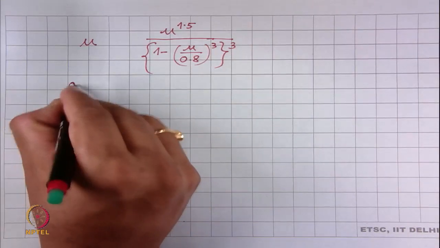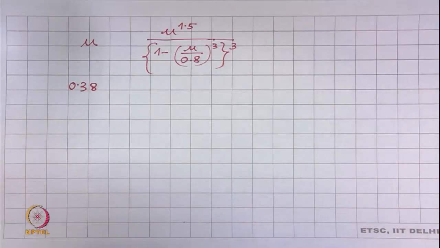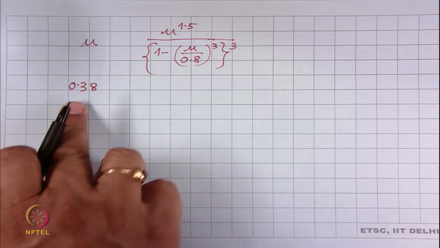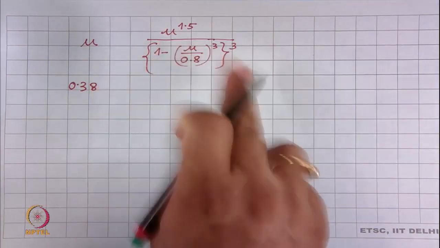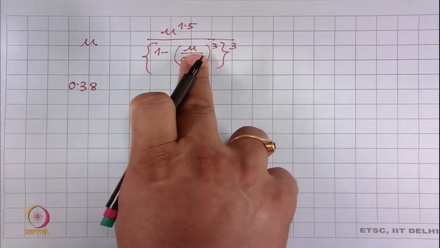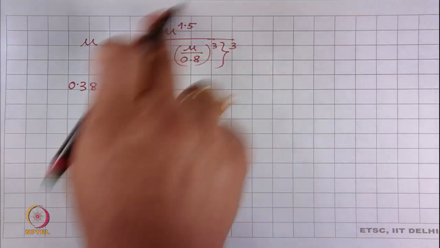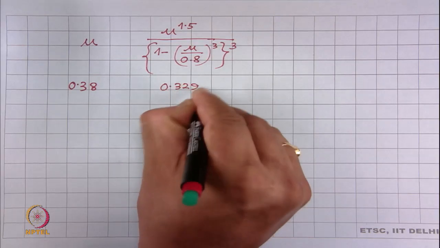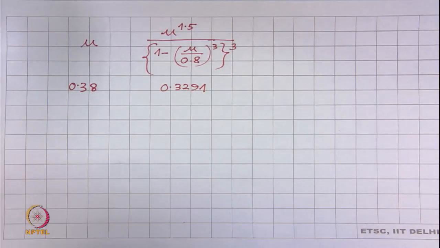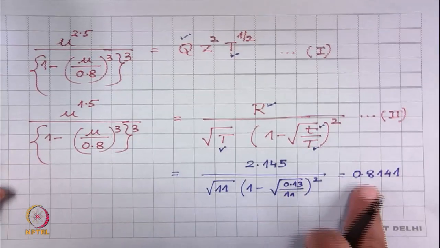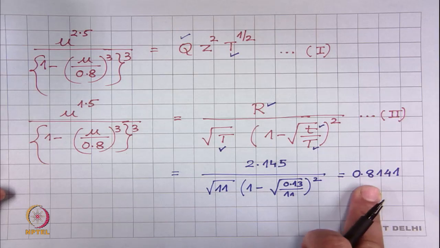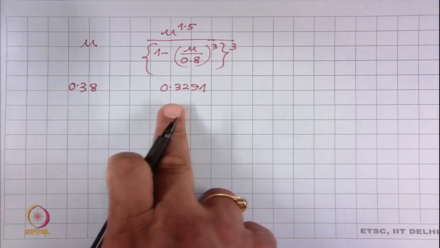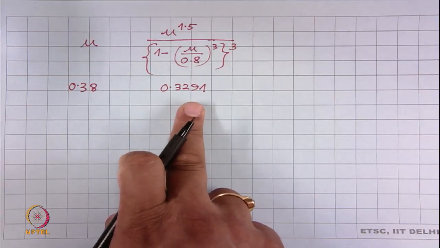If the value of mu is 0.38, you substitute mu 0.38 here and also 0.38 here, then use a simple calculator and find out this value. You will find this value will be 0.3291, right. In the earlier case, the value was 0.8141 and this is 0.3291. So, mu is not equal to 0.38.